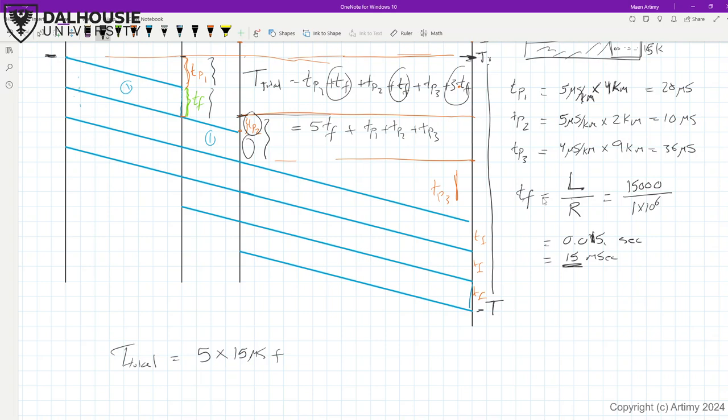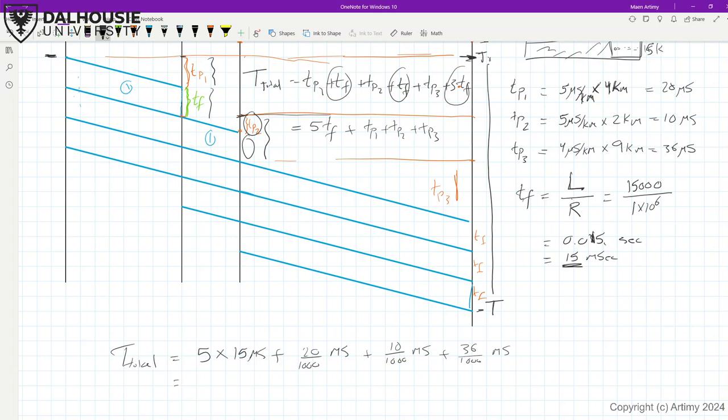If I divide that by 1,000, I'll end up with milliseconds. And TP2 is 10, also divided by 1,000, to get milliseconds again. And finally 36 microseconds divided by 1,000 to get milliseconds.